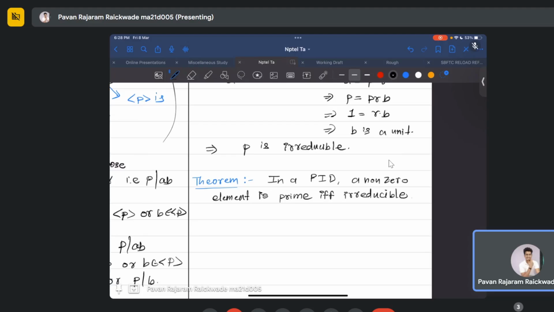This is the significance of a principal ideal domain: a prime element is always irreducible, we know, and in a PID you get the converse also, that every irreducible element is prime.